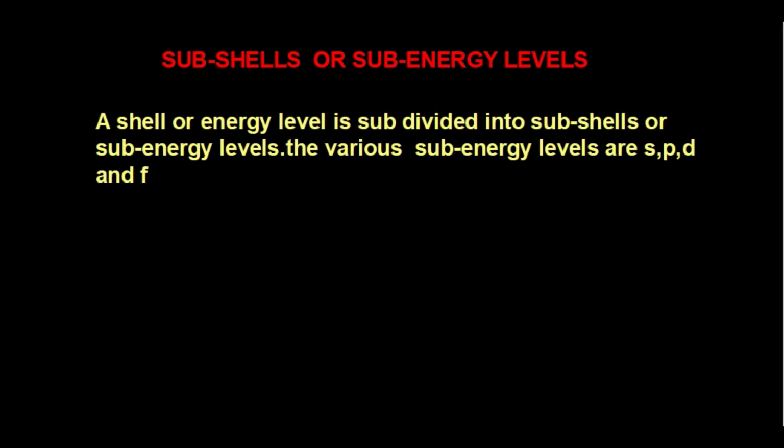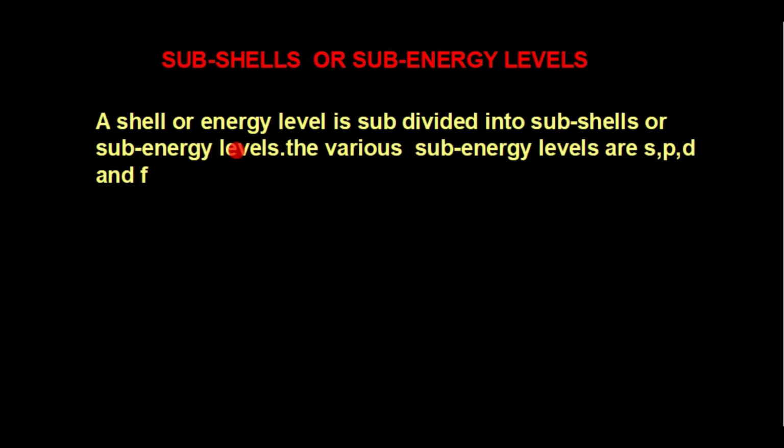Now we see the next concept, which is subshells or sub-energy levels. What are subshells or sub-energy levels? A shell or energy level is subdivided into subshells or sub-energy levels.